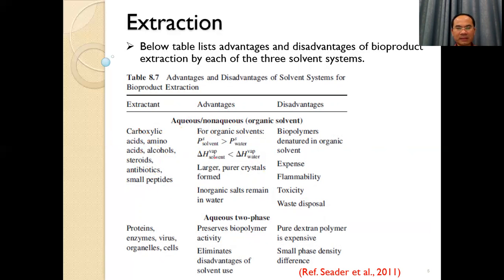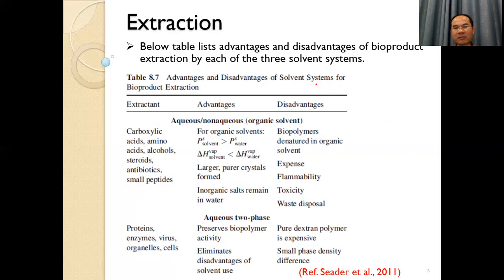And also the advantage of aqueous two-phase: in this case, it can preserve the biopolymer activity. It can help to eliminate the disadvantage of the solvent in that case.